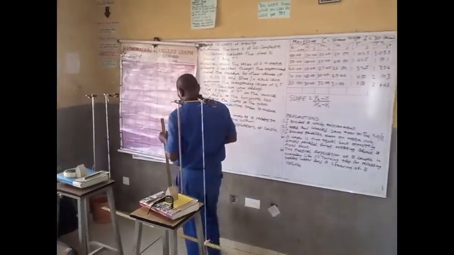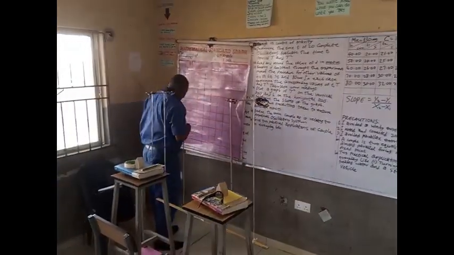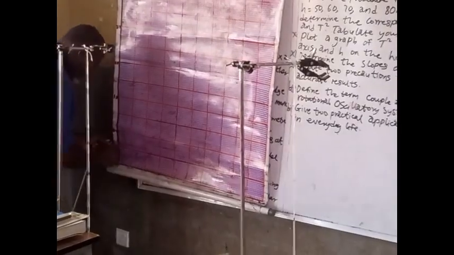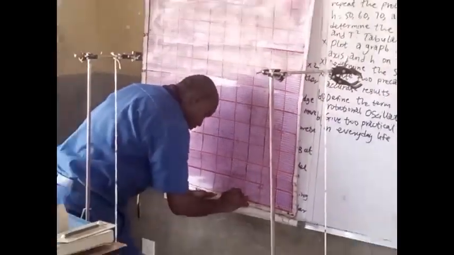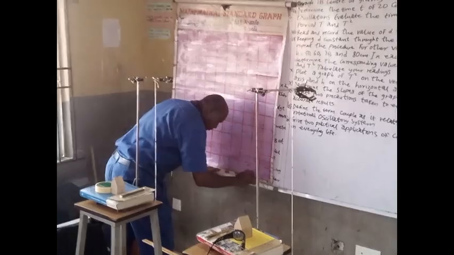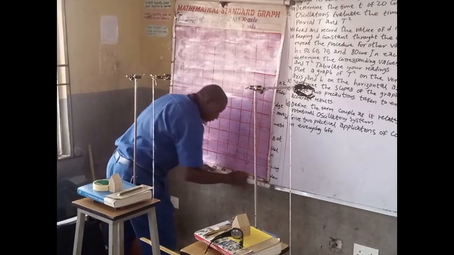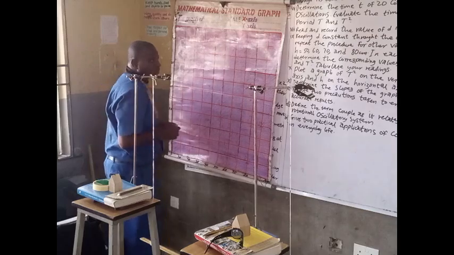So we are going to use 10 small squares to represent 10 centimeters. So this will be 10, 20, 30, 40, 50, 60, 70, 80, 90, 100.